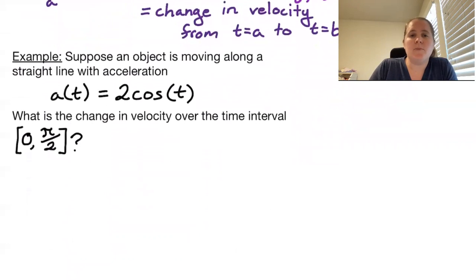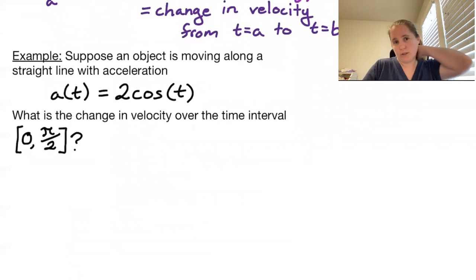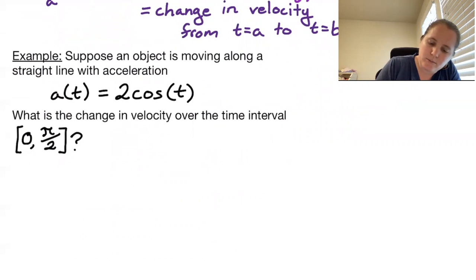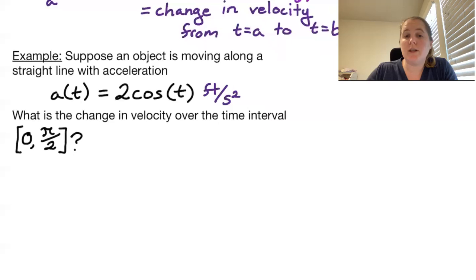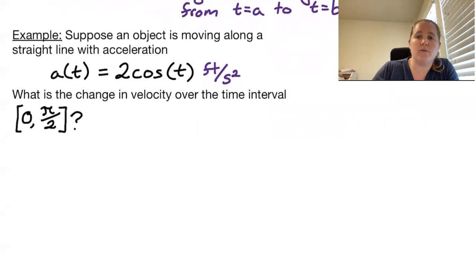So for the next example, suppose an object is moving along a straight line with acceleration a of t equals 2 cosine t. Let's add some units. Let's say it's feet per second squared. And we want to know what is the change in velocity over the time interval 0 to pi over 2.